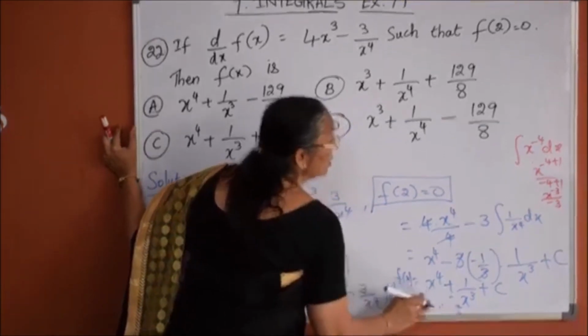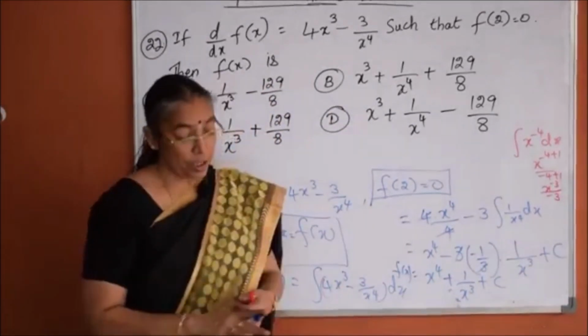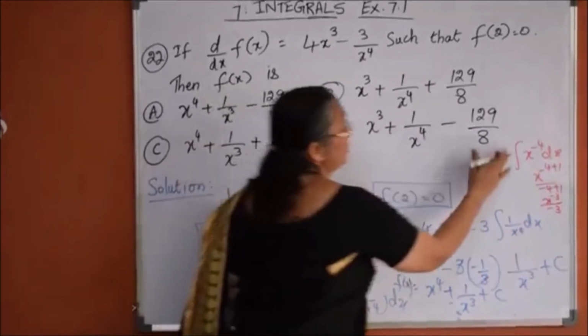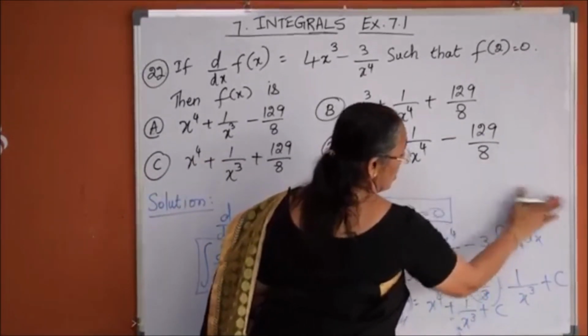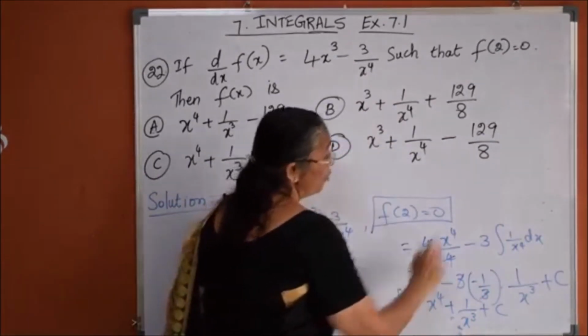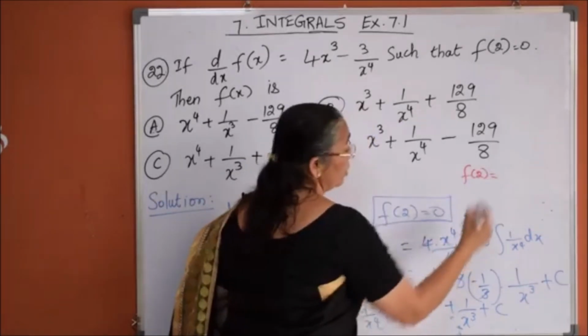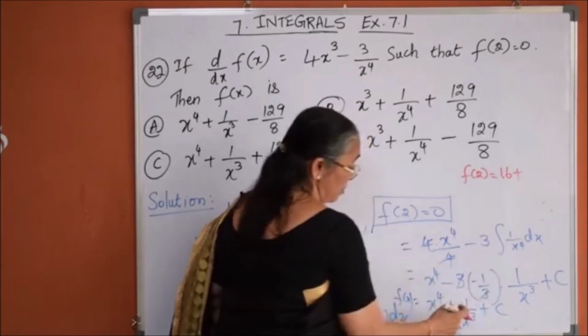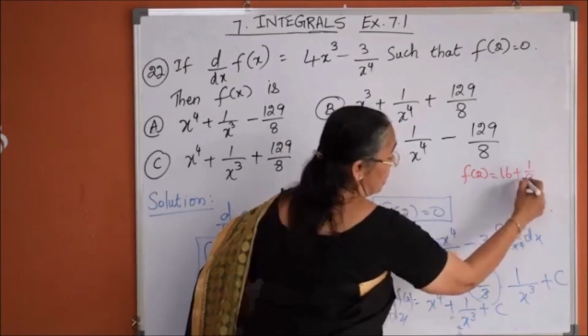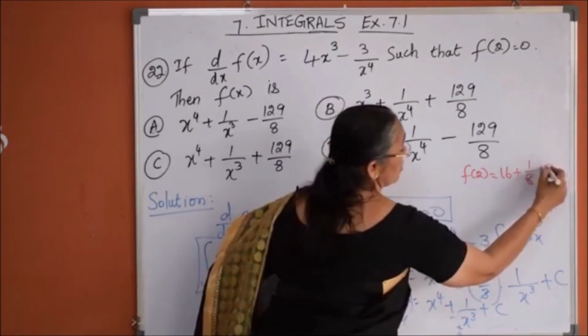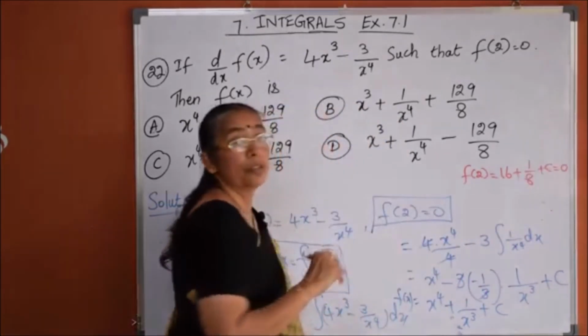Let me do the simplification over here, there is no place. So, f of 2 is equals to 2 power 4, 16, plus 1 by x cube, which is 1 by 8, plus c. So, this value is given as 0.